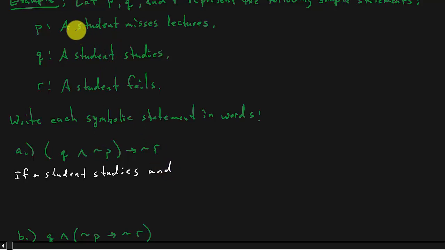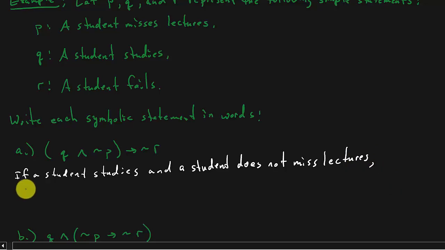a student, not P, a student does not miss lectures, comma, then we've got what? Not R. A student fails is R, but we've got not R: a student does not fail.